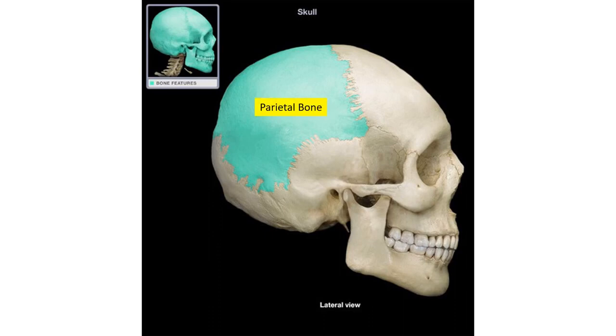This is the parietal bone, and this is the occipital bone. The occipital bone is the most posterior bone, and it is the largest cranial bone, as we are going to find out a few slides later.